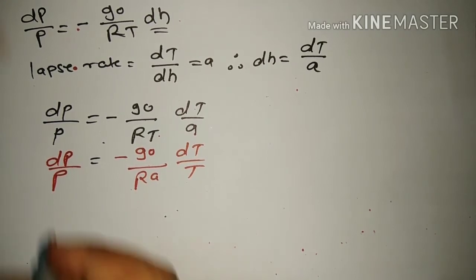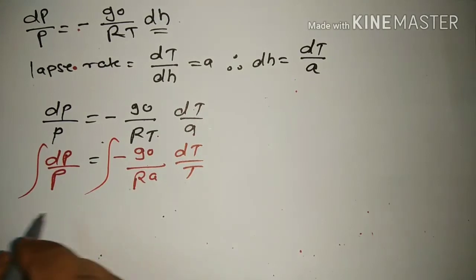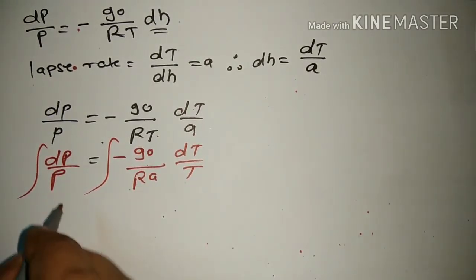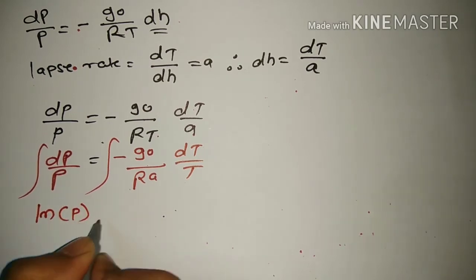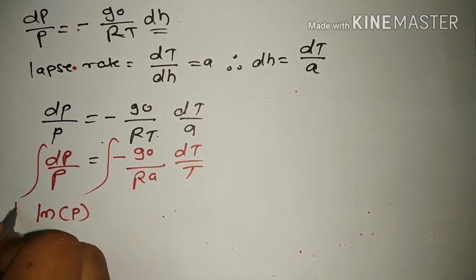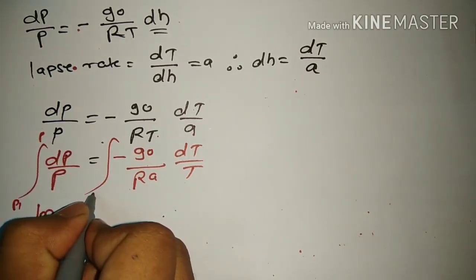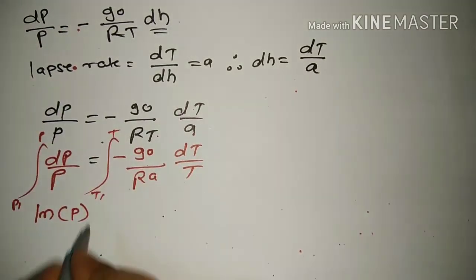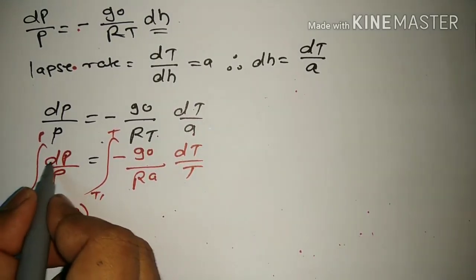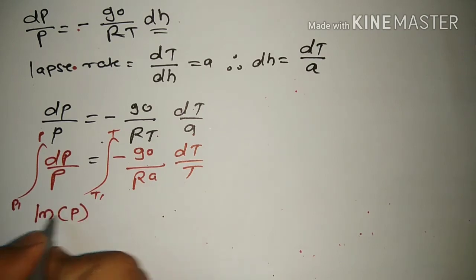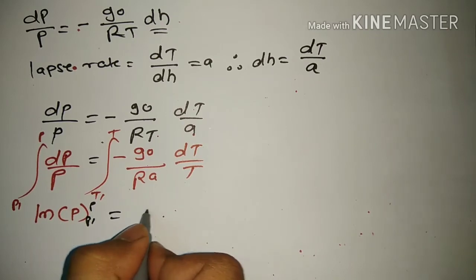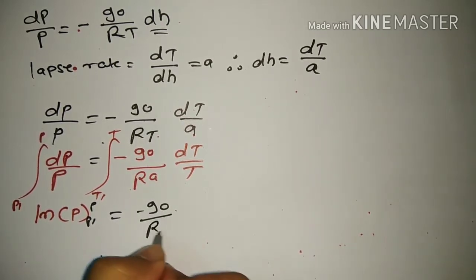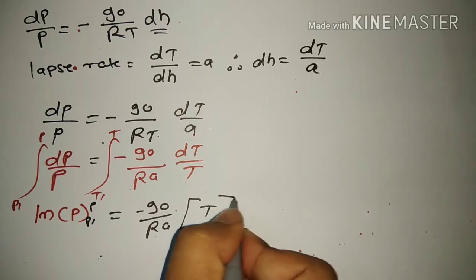Now we are going to integrate again both sides. The integration of dp by p is ln p, with the same limit p1 to p, and here T1 to T.